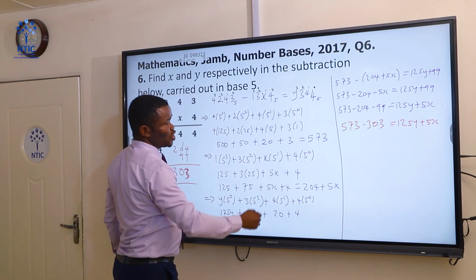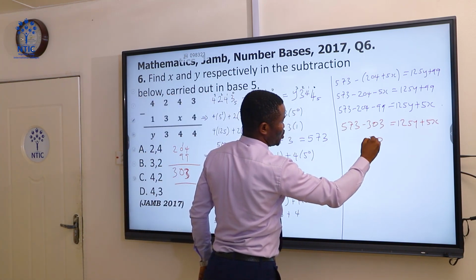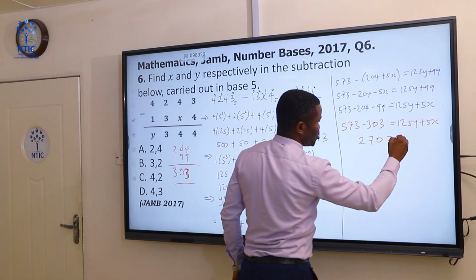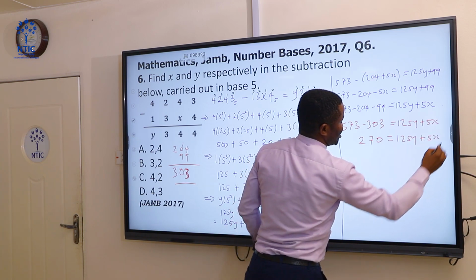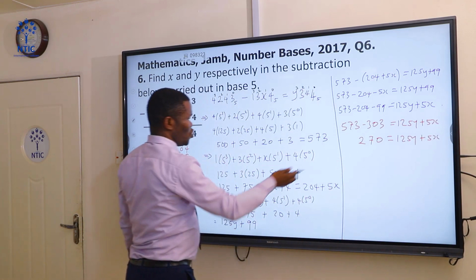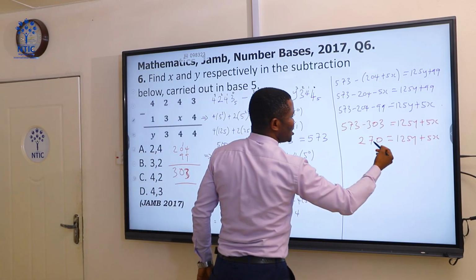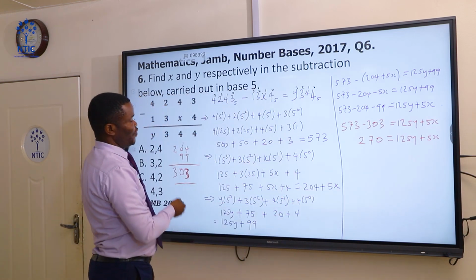So when we do this subtraction, 3 minus 3 is 0, 7 minus 0 is 7, and 5 minus 3 is 2. And this becomes 270 equals 125y plus 5x. So you see that there's a number common to 270, 125, and 5.